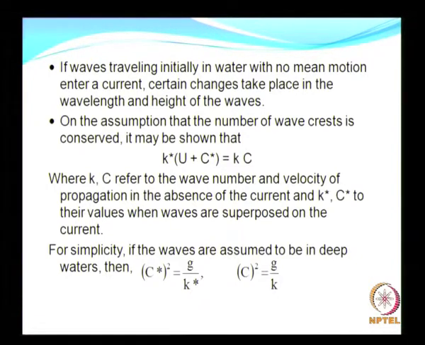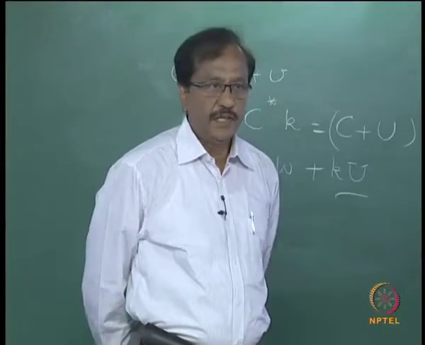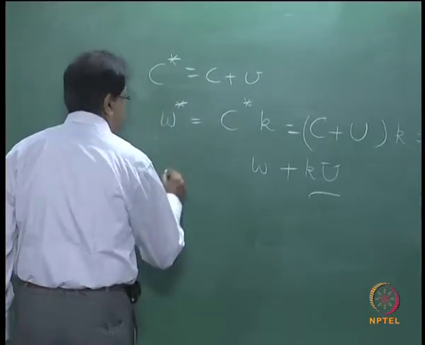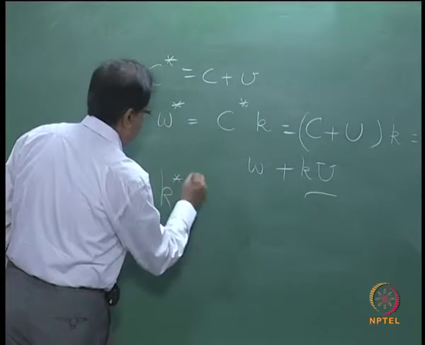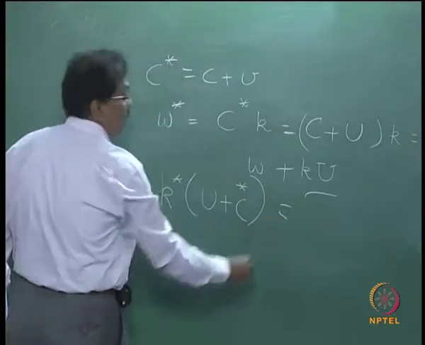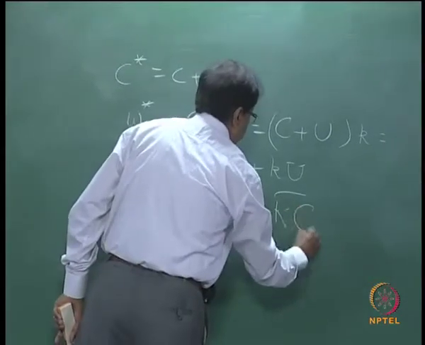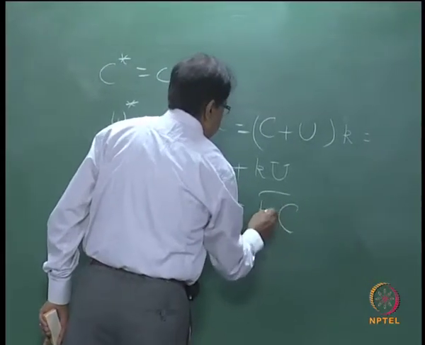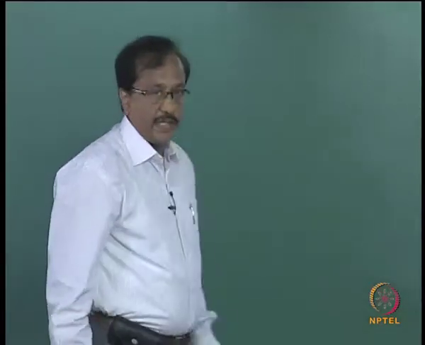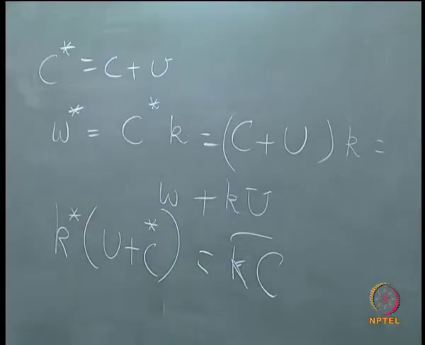If we assume that the number of crests are conserved, you understand, the number of crests are conserved, on that assumption we can deduce K star into C star equal to K into C. One is in the absence of current and another is in presence of the current.